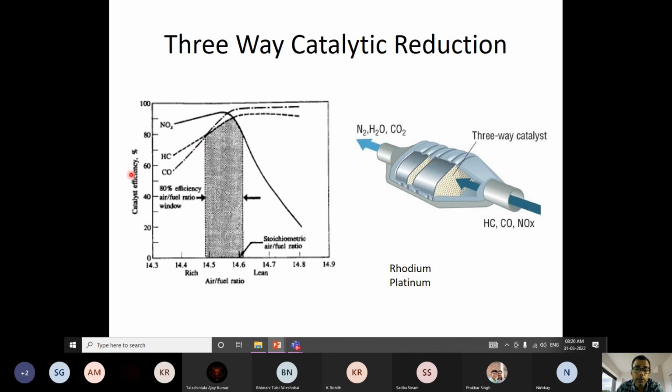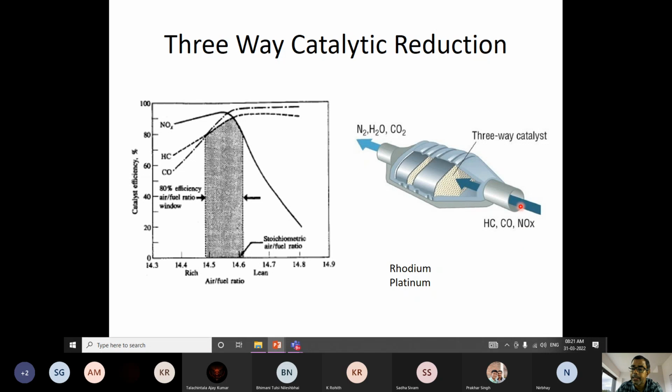Now, as I told you, HC and CO react with oxygen in the presence of the catalyst and are converted into H2O and CO2, whereas NOx reacts with CO, because CO acts as a reducing agent in the presence of the catalyst, and it is reduced to N2.